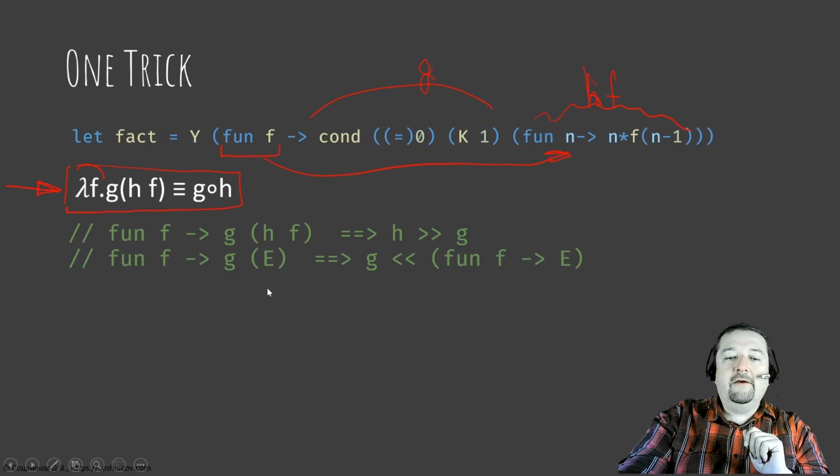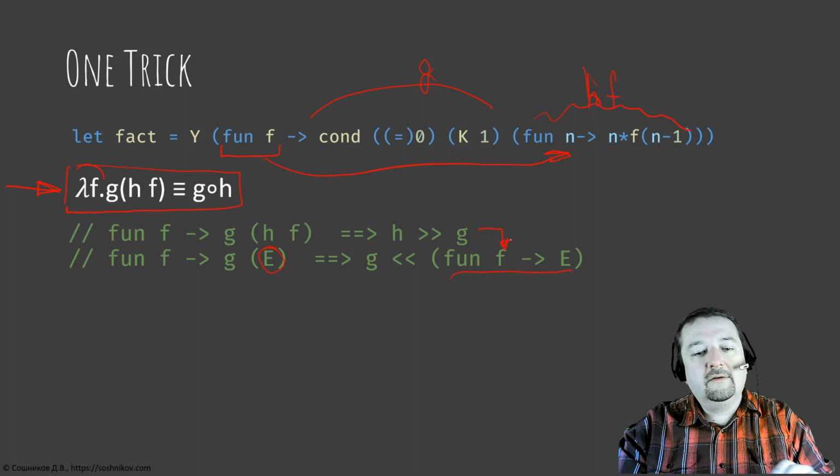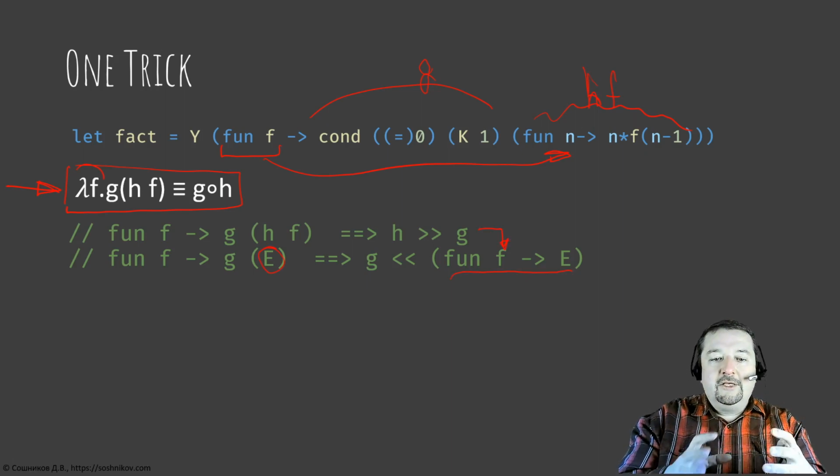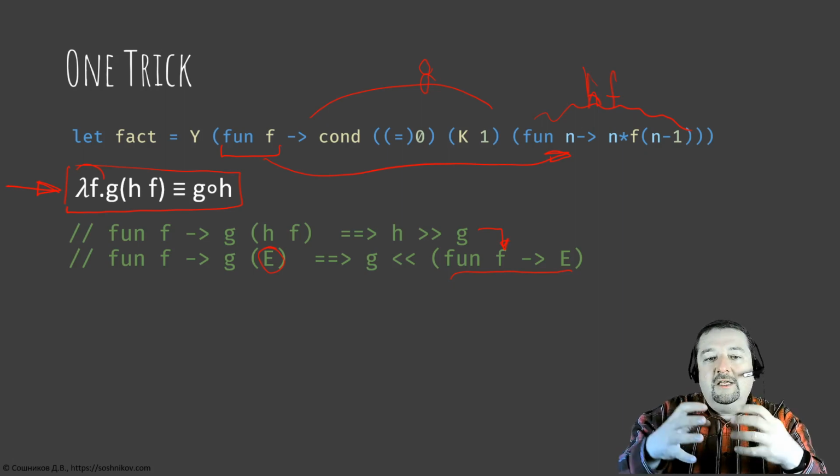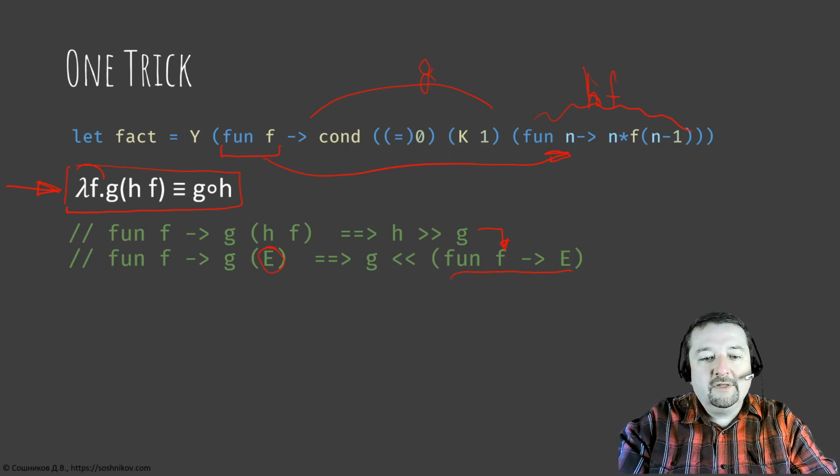So e is a kind of expression which contains f. To make it a function of f, I need to explicitly write the lambda expression here. So I need to combine this lambda expression with the function g. This is pretty much the same as above, just a little bit modified for the case when h of f is not explicitly a function h applied to f, but just any expression which contains f.